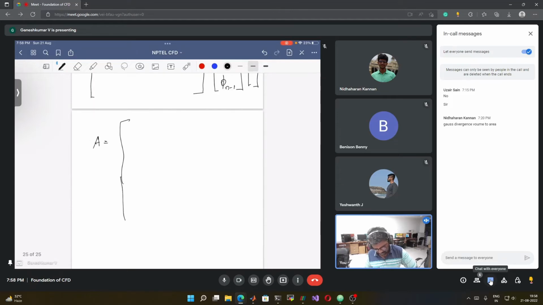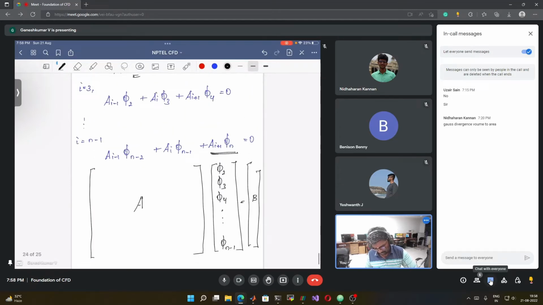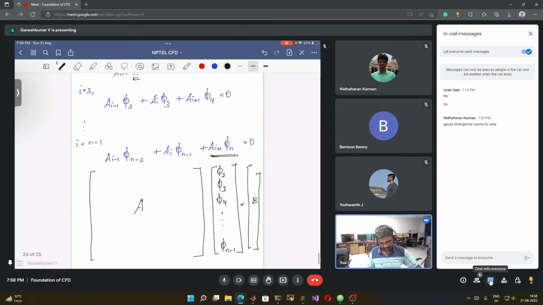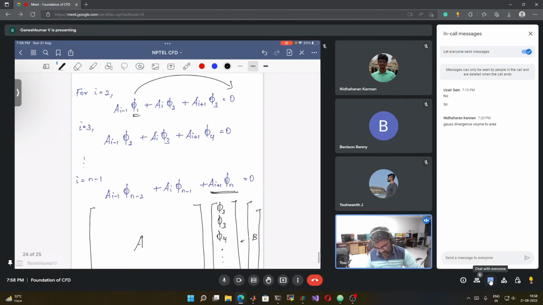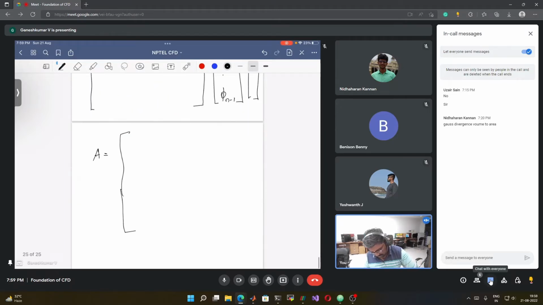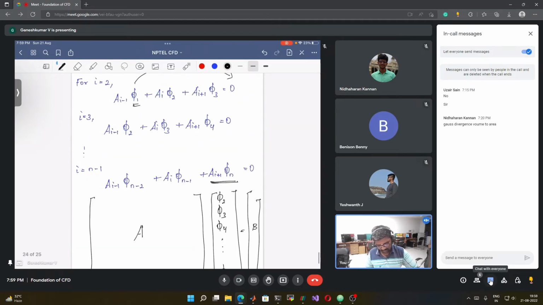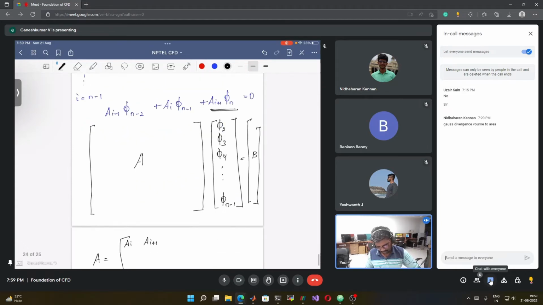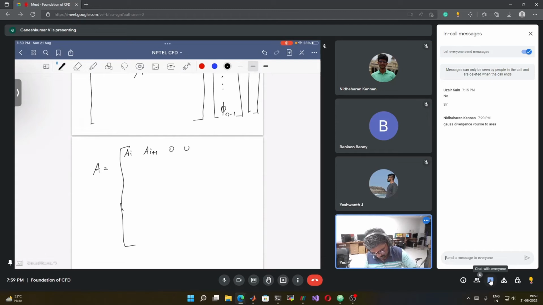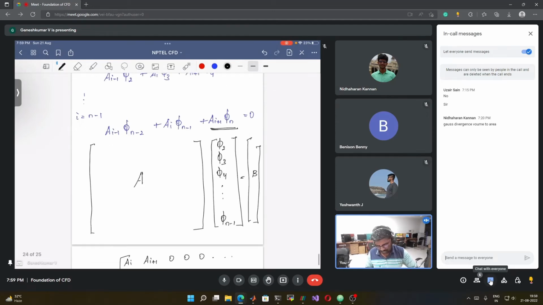We just need to get the coefficients of this multiplication. The first equation actually has phi 2 and phi 3. Phi 1 goes on the other side. So this becomes ai and ai plus 1, and the rest don't depend on it, so those would be 0, however many nodes there are.